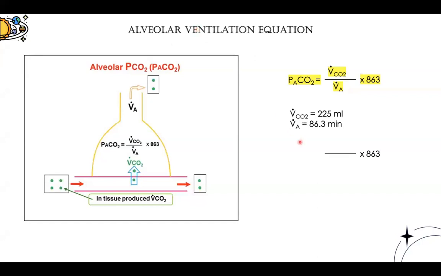I don't think we have any other answers. So you get 2,250 milliliters per minute. I think this is a person's average PaCO2 if you have this alveolar ventilation and a VCO2 of 225.